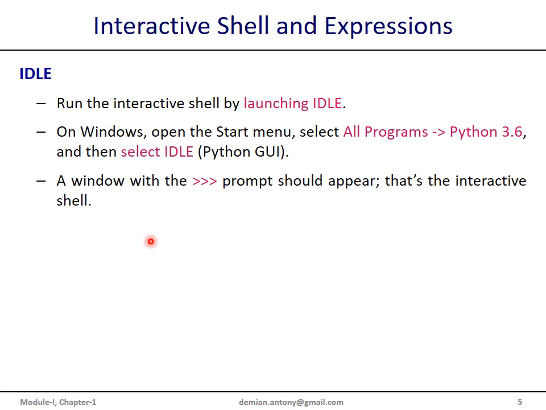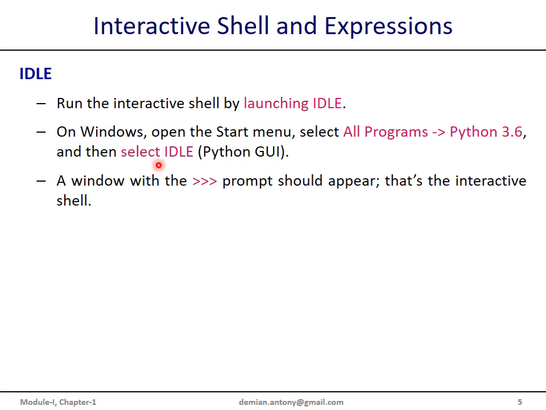To use IDLE on Windows, open the Start menu and select All Programs, and under the All Programs menu, find the submenu Python with version 3.6 or 3.8 or any version found in the system, and then select IDLE, which is a Python GUI based console or shell, the Python interactive shell.